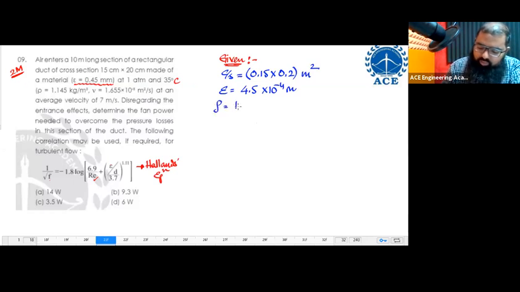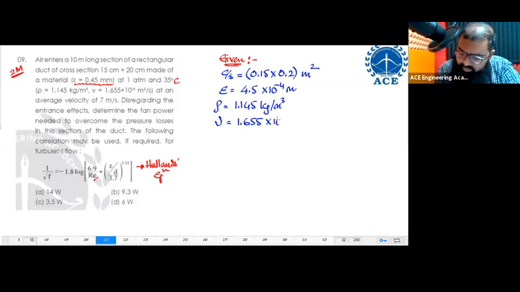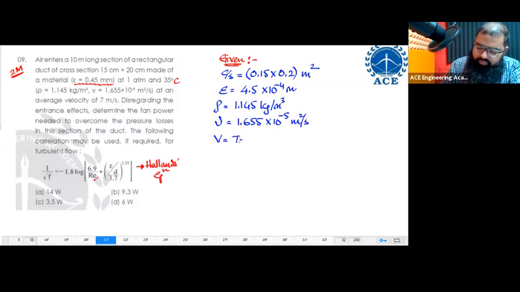Density is equal to 1.145 kg per meter cube. Kinematic viscosity is equal to 1.655 into 10 power minus 5 meter square per second. Average velocity of flow is 7 meters per second, and this is the formula you are supposed to use to get the value of f.